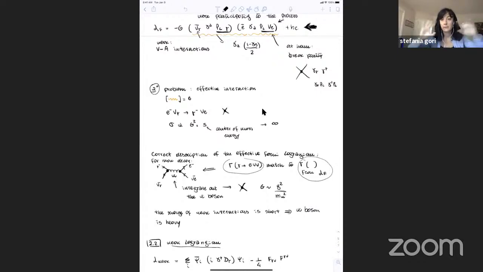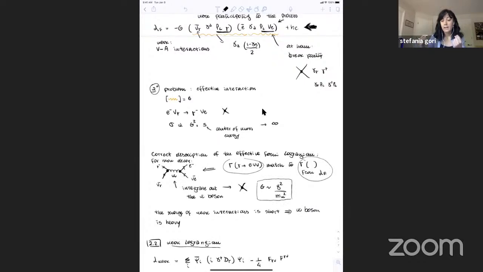And then you get 2 different answers. Now, when you want to match the two, you say that basically the physics that is described is the same, and then you compare the 2 results, and you get this sort of matching condition.